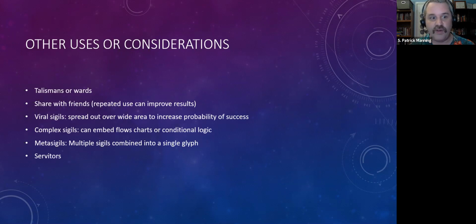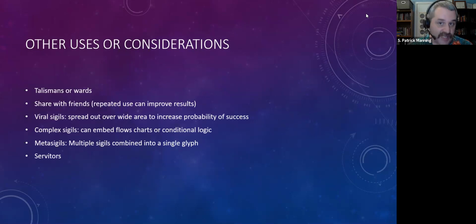It can get very involved, but you can have those kinds of things, especially for protective sigils, if you've got that kind of conditional thing. And you have to consider, if I'm doing a sigil and it's something that's sticking around, then what do I have to do?